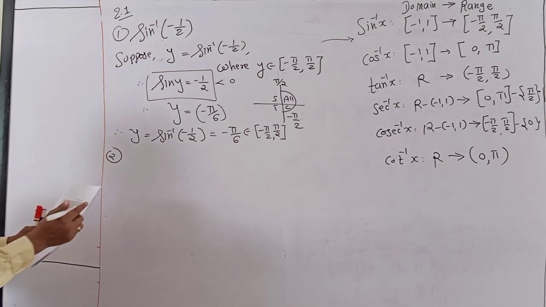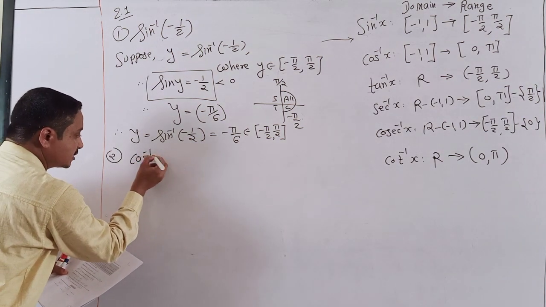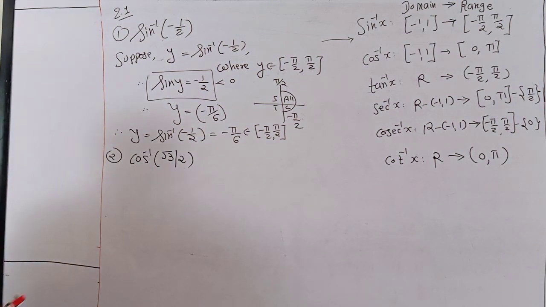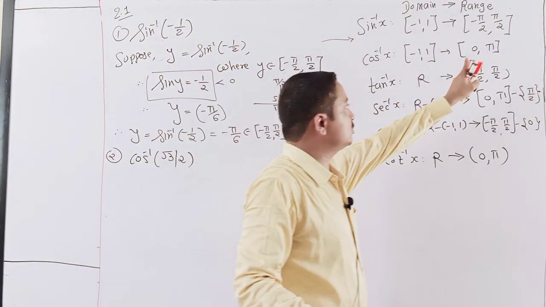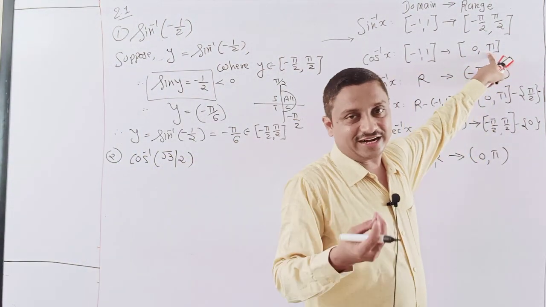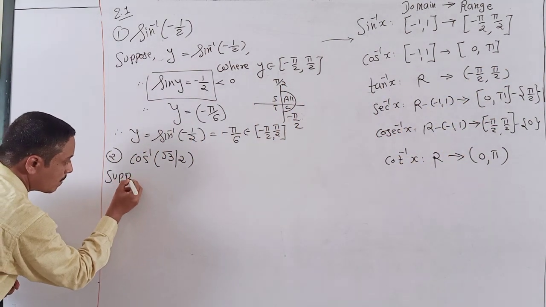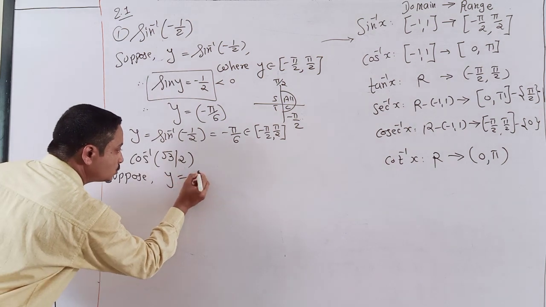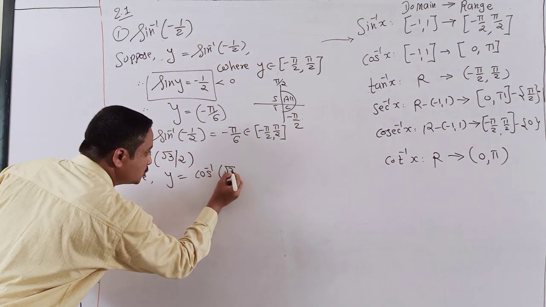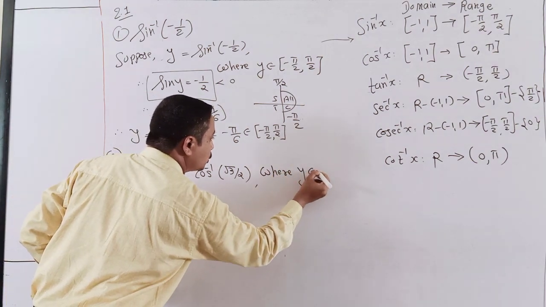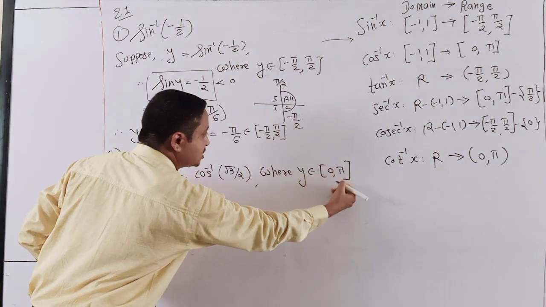Students, same as going to the second one. My second question is cos inverse of root 3 by 2. Yes students, same assumption, but cos inverse, in which range does the answer belong? Definitely 0 to pi. So suppose the given question is equal to assumption y, where y belongs to the range of the cos inverse function.